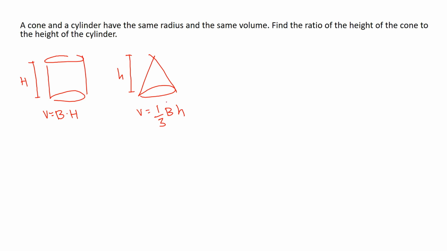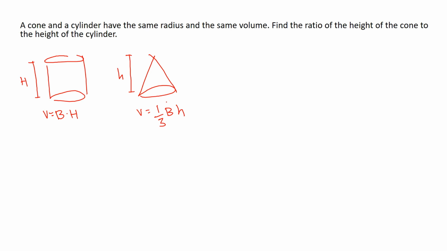Why? Because they have the same radius. Therefore, pi r squared for both. Having the same radius, they have the same area as well. Be mindful of that. Same base area, because they have the same radius. And another thing is they have the same volume.